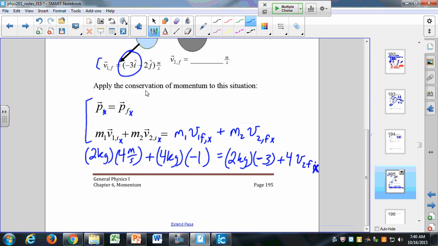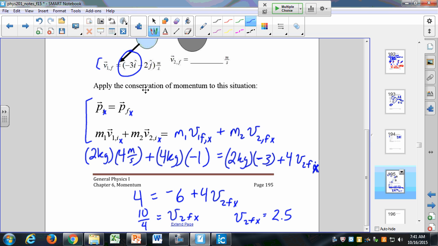When I solve for that, I get 8 minus 4 on the left-hand side, that's 4. Negative 6 plus 4 v2fx. And so that's 4 over negative 6, or 10 divided by 4 equals v2fx. So v2fx equals, what's that, 5 halves, 2.5.